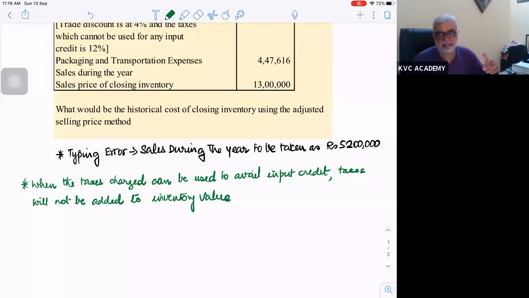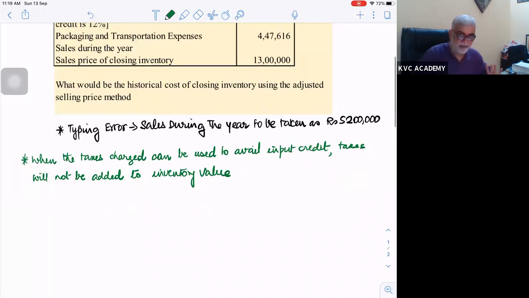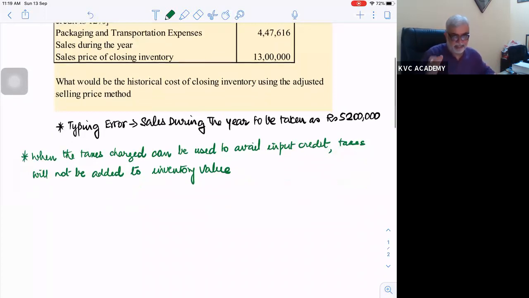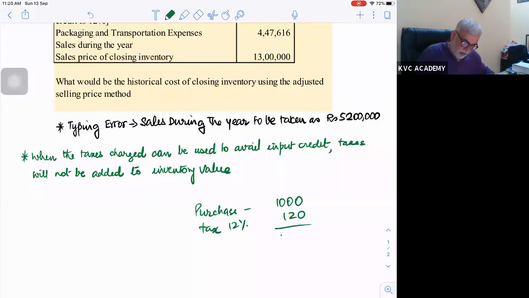Okay. Does anybody need a further explanation on input credit? It's as simple as this, okay? Let me give an example. Suppose you purchase a 1000 rupee item and the tax charged to you is 12%. So that is 120. So 1120 is your purchase.